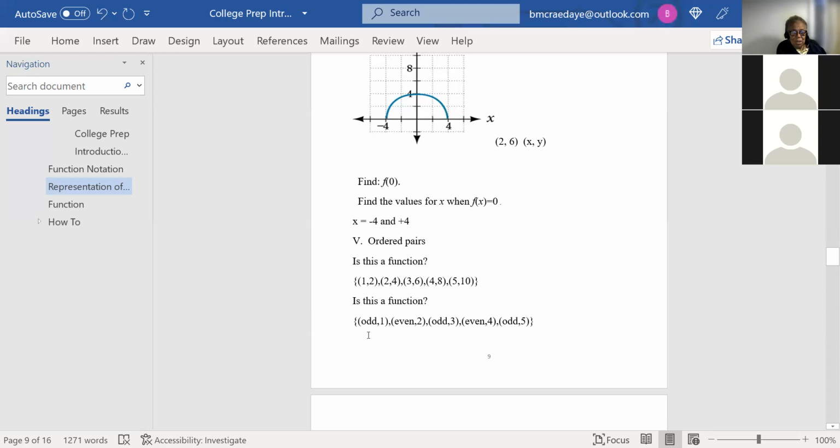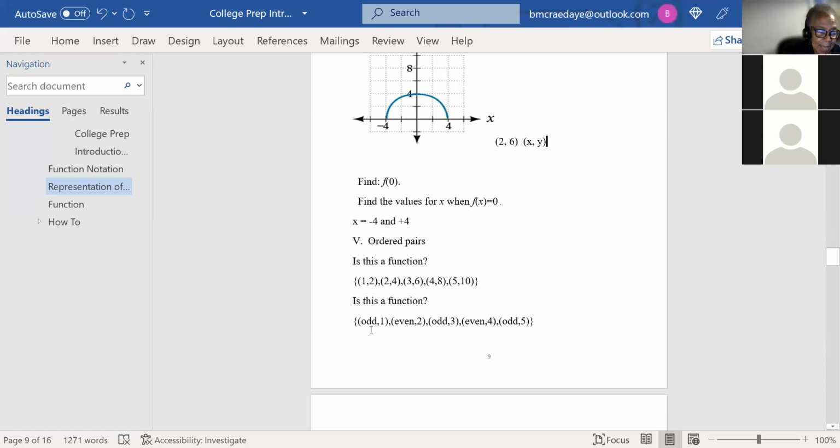It can only have one. The odd has a 1 here, it has a 3 here, has a 5 here. It has more than one Y value. So it's not a function.